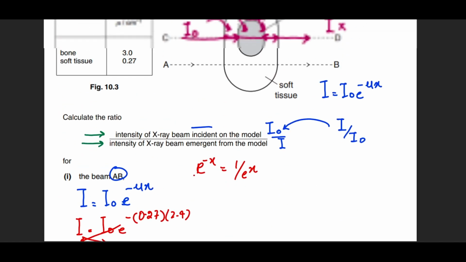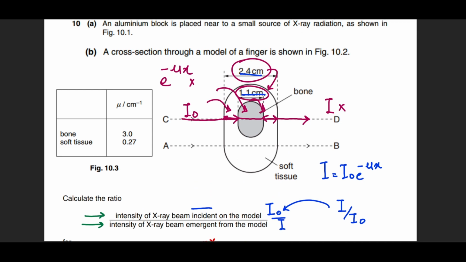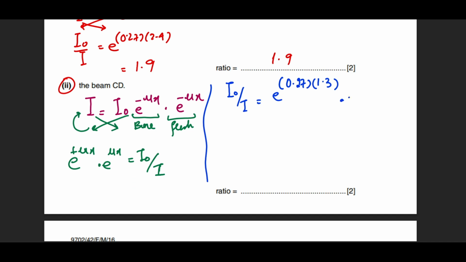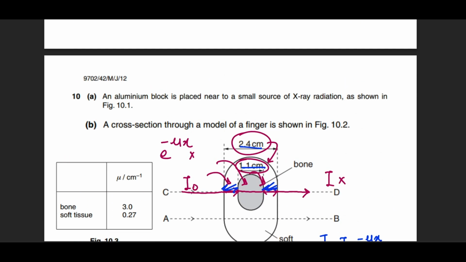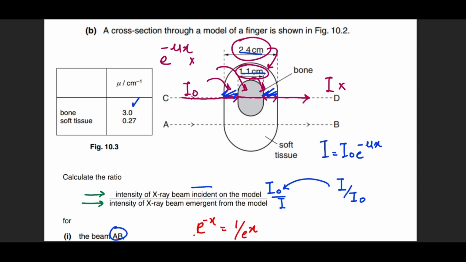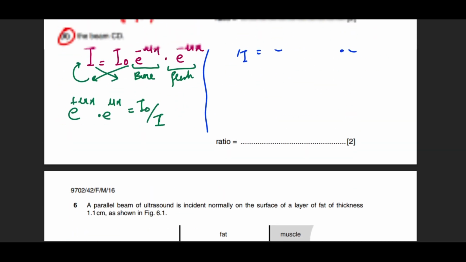How did we get 1.3? That was 2.4 minus 1.1 to find out the flesh in these two sections. Multiplied by e raised to power 3 into 1.1. Why 3 into 1.1? Because 3 is the coefficient for bone and the bone is 1.1 centimeters thick.